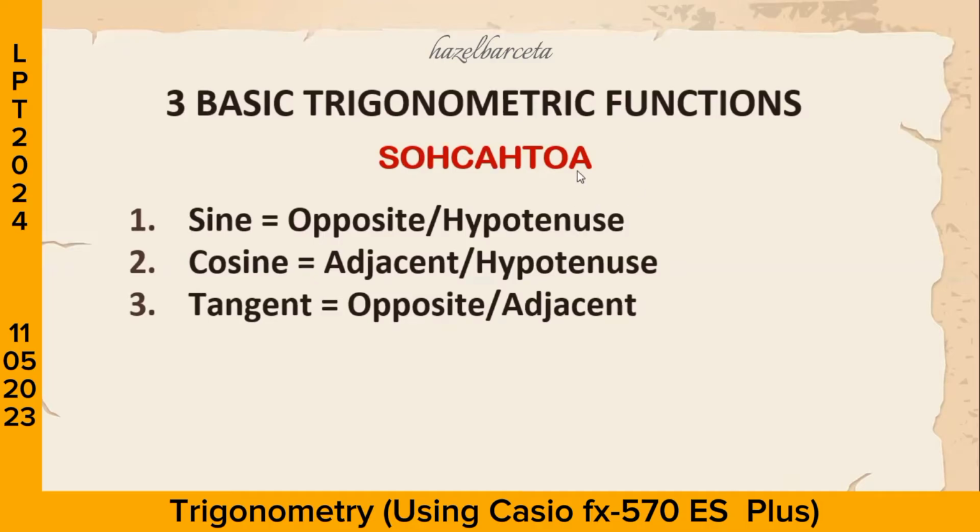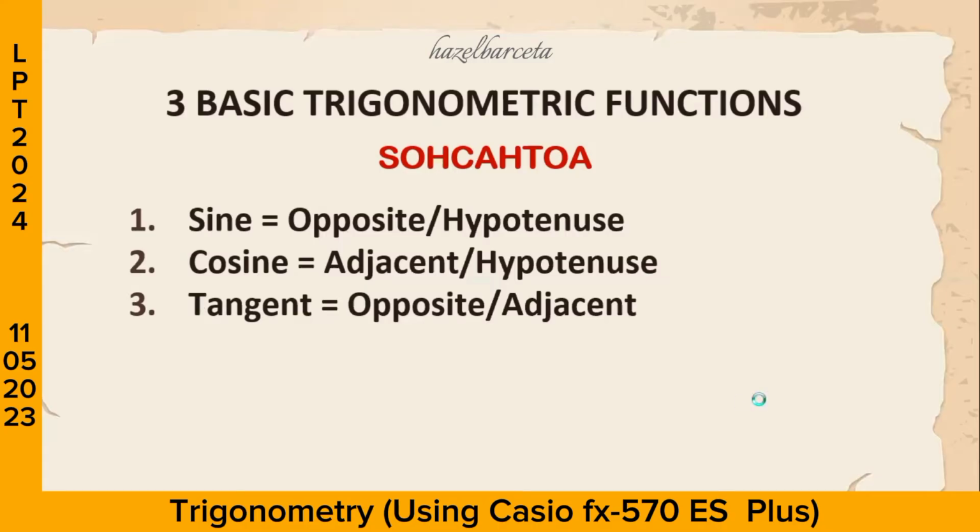O is opposite, H is hypotenuse, and A is for adjacent side. So, pare-pareho lang po yan. Magkakaiba lang po, S is for sine theta or sine function, C is for cosine function, and T is for tangent function. So, ito po ang ating tatlong basic trigonometric functions, sine, cosine, and tangent.